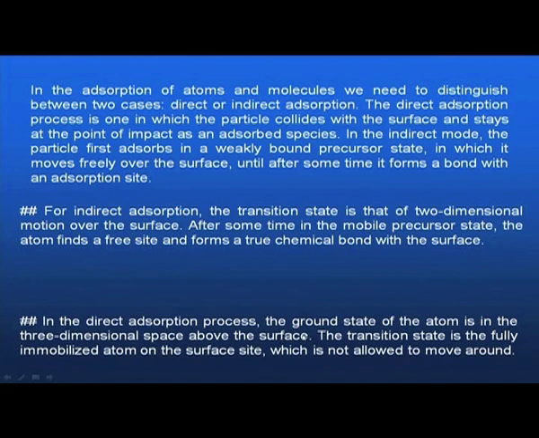Okay. So, the ground state of the atom is in the 3 dimensional space over the surface of the metal, and the transition state is a fully immobilized atom on the surface, which is not allowed to move around. The transition state is a fixed state. It does not have the option to move here and there.